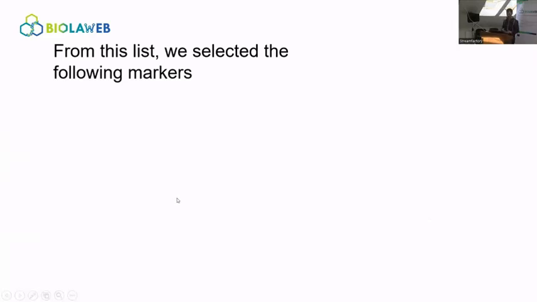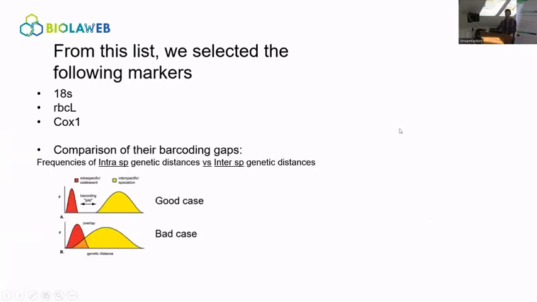So from these different criteria, we're selecting the following markers: 18S, RBCL, and COX-1. And what Lena Kermarrec did, she compared their barcoding gaps. Just to remind you what a barcoding gap is: here you have the distance between 2 sequences on the horizontal axis, and the vertical axis is the percentage of distances.